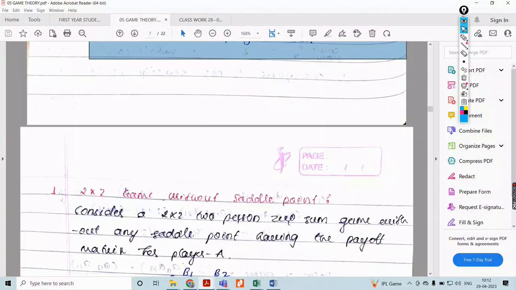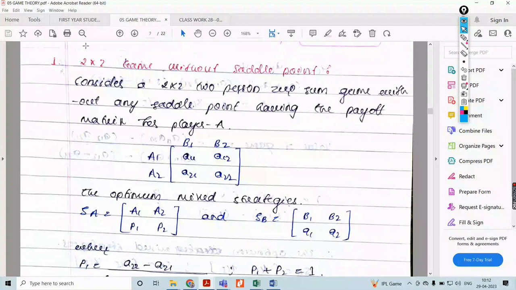Okay, here first you understand, if any matrix is given in the form of a 2x2 matrix which doesn't contain the saddle point, then for that particular game we need to use this method.